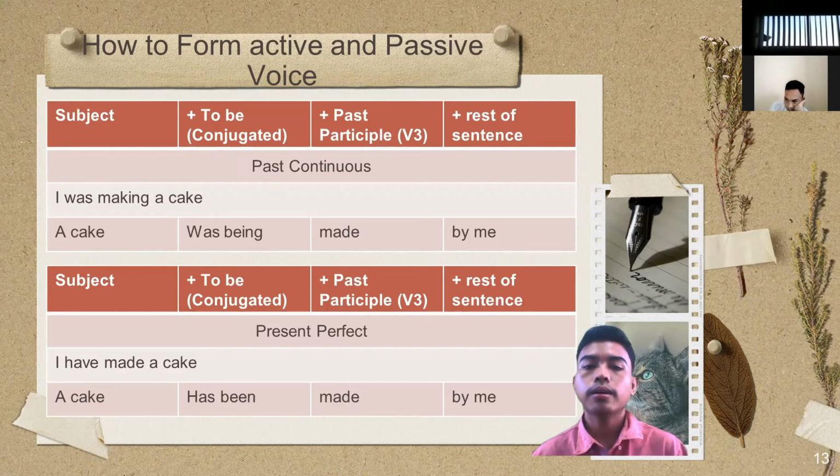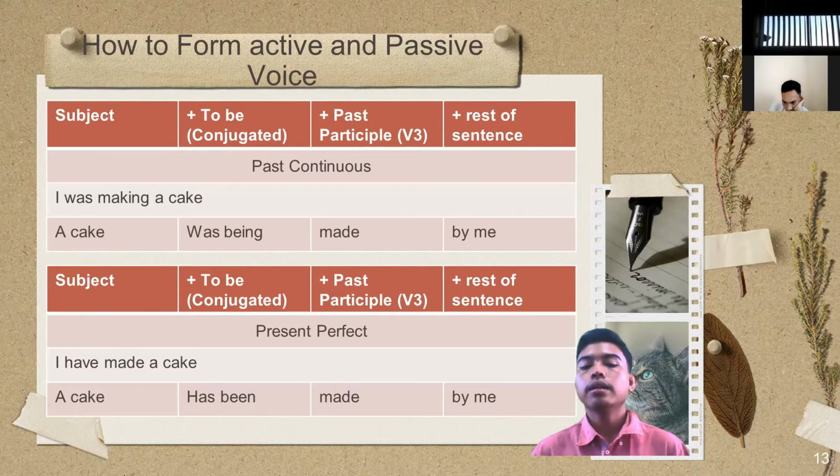And next, the past continuous tense. The example sentence is I was making a cake. The subject is a cake, the to be is was being, the verb 3 or past participle is made, and the rest of the sentence is by me.